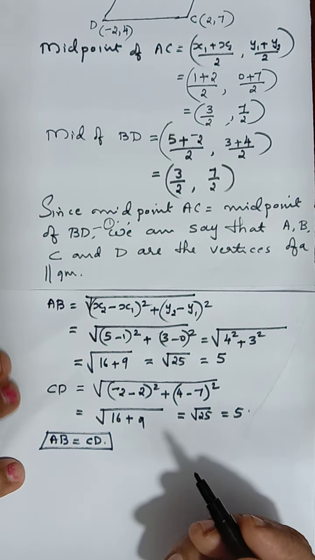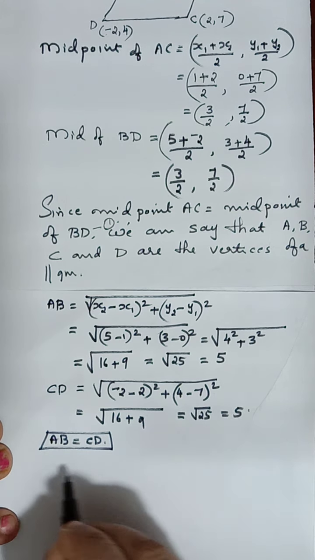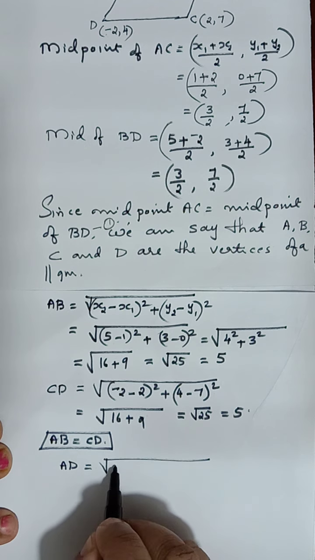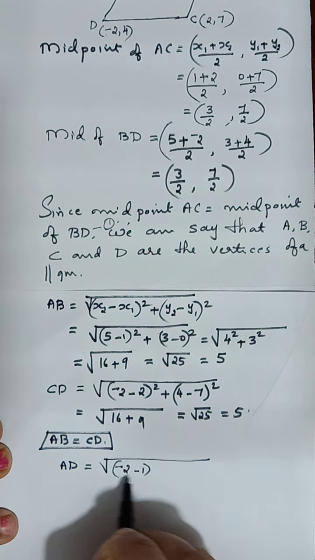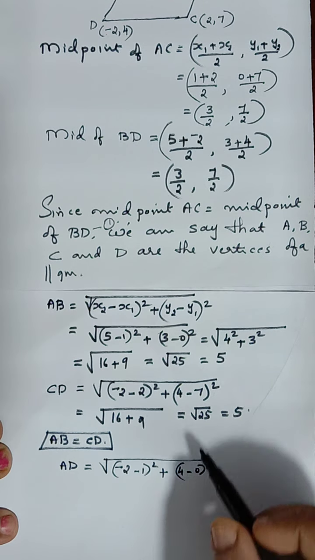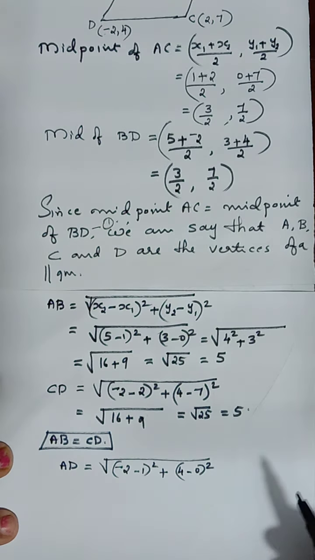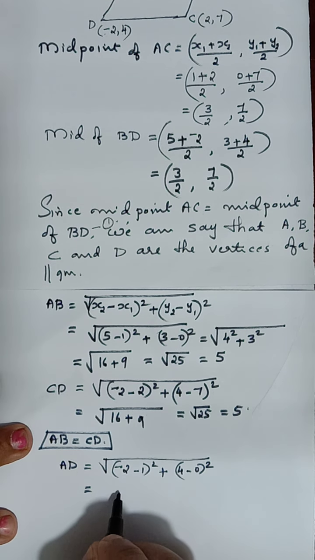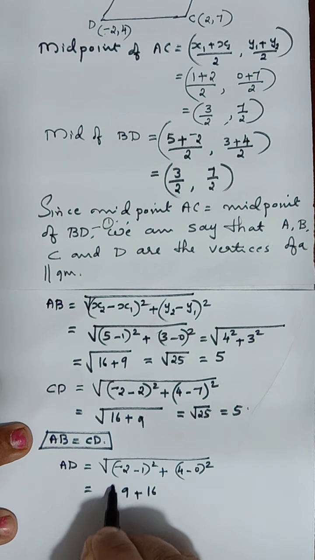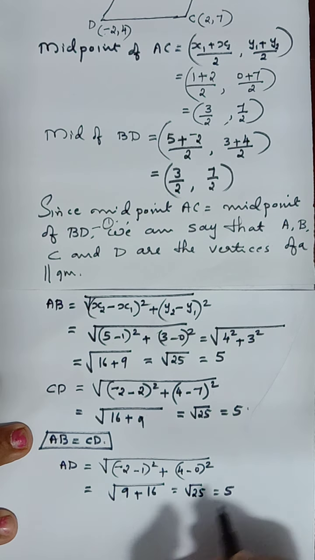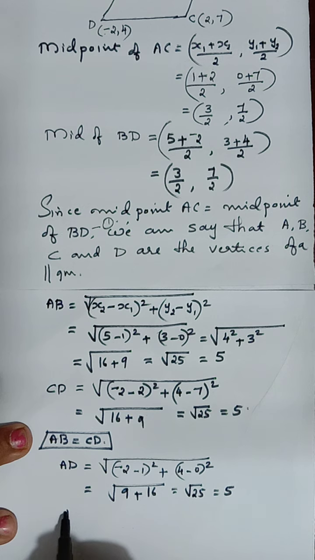The other two opposite sides also we can check. We can take AD. AD is equal to square root of D's x, negative 2 minus 1, whole square, plus y2 minus y1 whole square. Minus 2 minus 1 is negative 3, whole square is 9. 4 square is 16. Square root of it, root 25 equal to 5. AD's opposite side is BC.